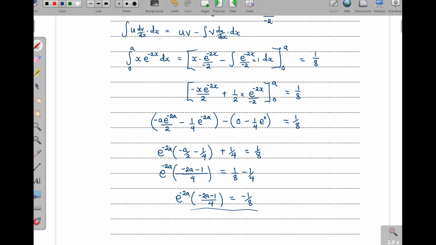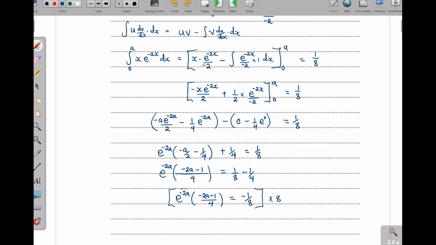There are many ways I can solve this. I can multiply all through by 8, because 4 can go into 8.